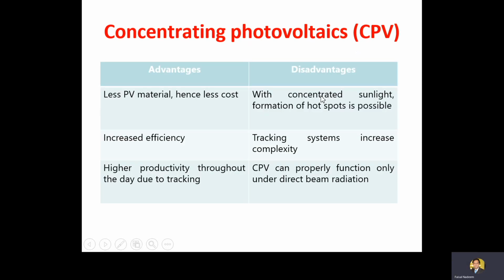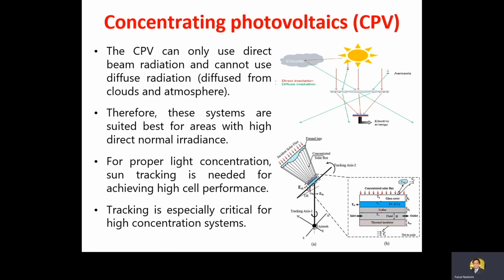Tracking is a good thing because it will increase the output of the photovoltaic panel. But there is also a drawback of tracking: it involves cost, and as it involves cost, the overall cost of your system will increase, which ultimately results in expensive electricity production.